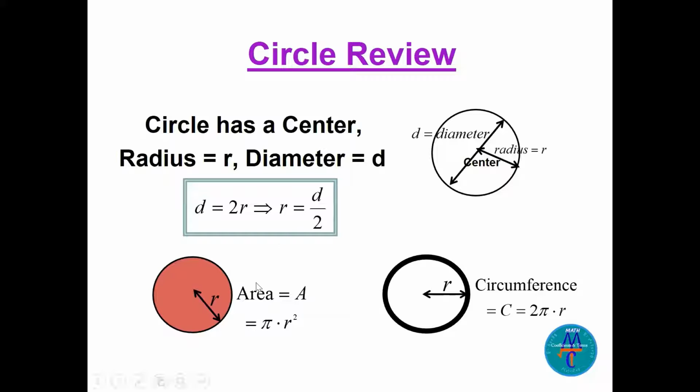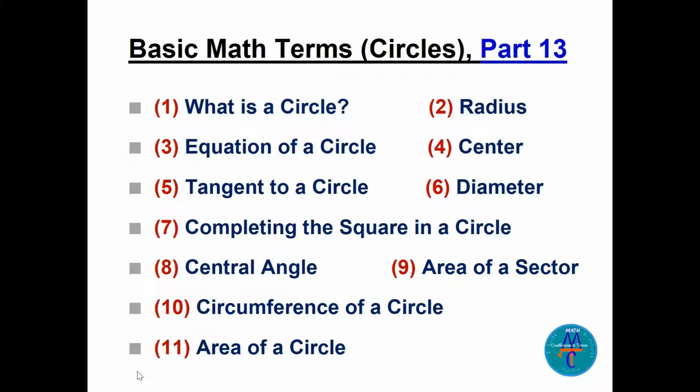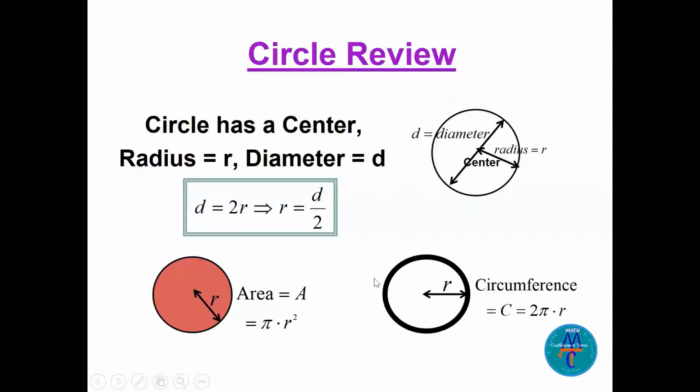Now, this is area, the area of a circle, number 11. It is different from the area of a sector, which I will explain later. The area means the whole area of the circle, the complete area.